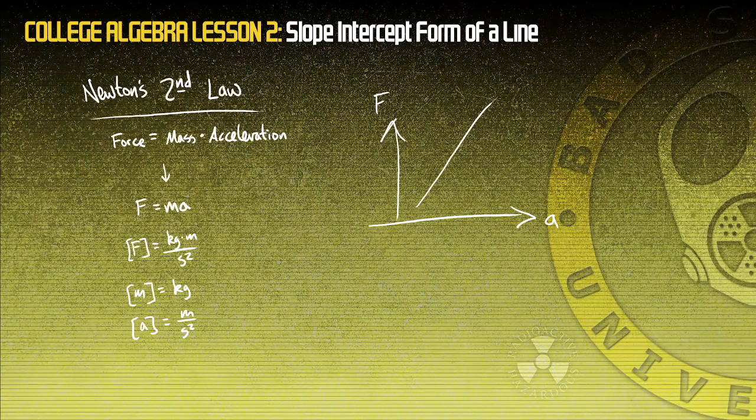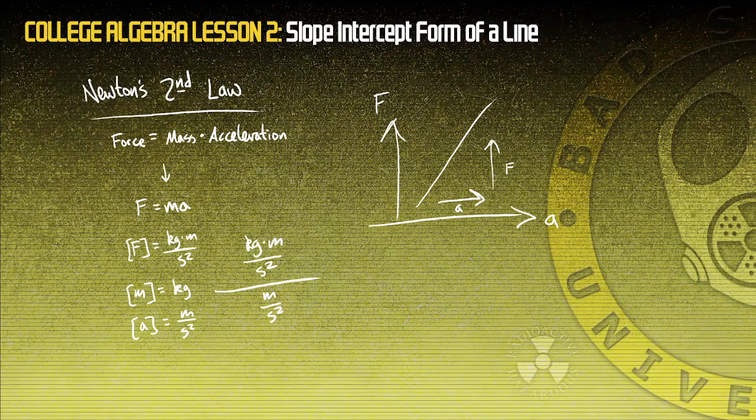So you can look at how if you have your rise over run, your rise is force and your run is acceleration. So when you take the ratio of those, let's look at the units. You have kilograms times meters per second squared divided by meters per second squared.